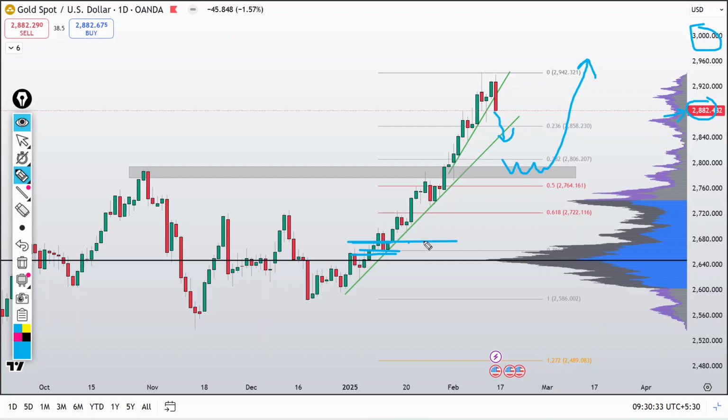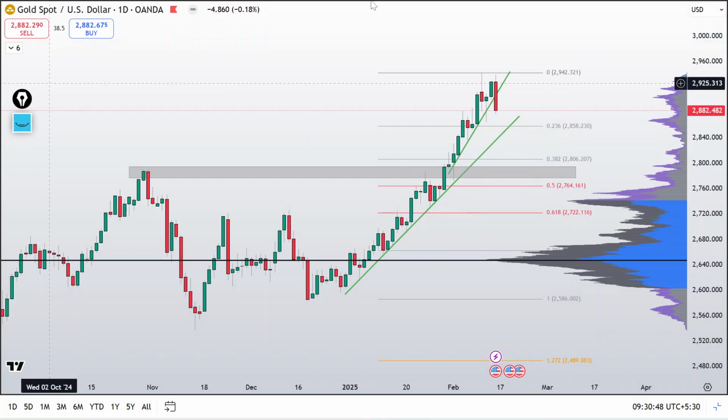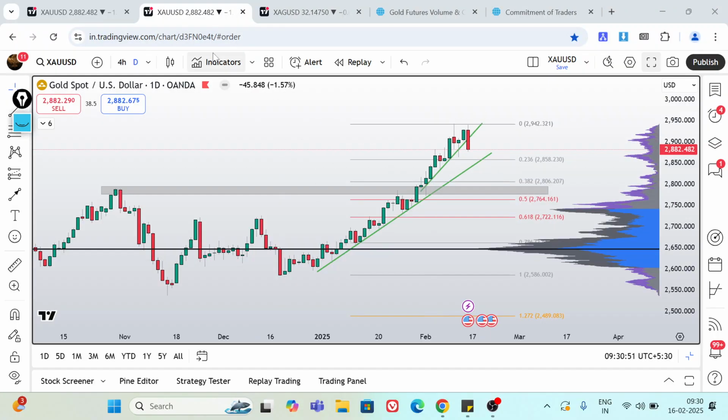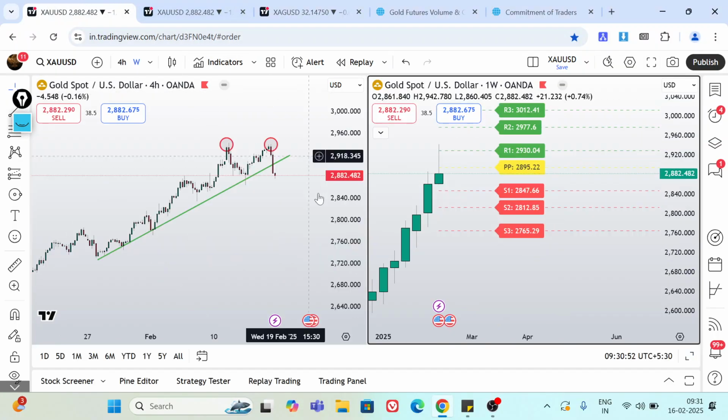So I'm holding buy, and I want to add to my buy from this level. This is a very good area to re-add, but we have to wait for confirmation. So overall on daily time frame, it is showing a correction phase, and we have to trade accordingly.